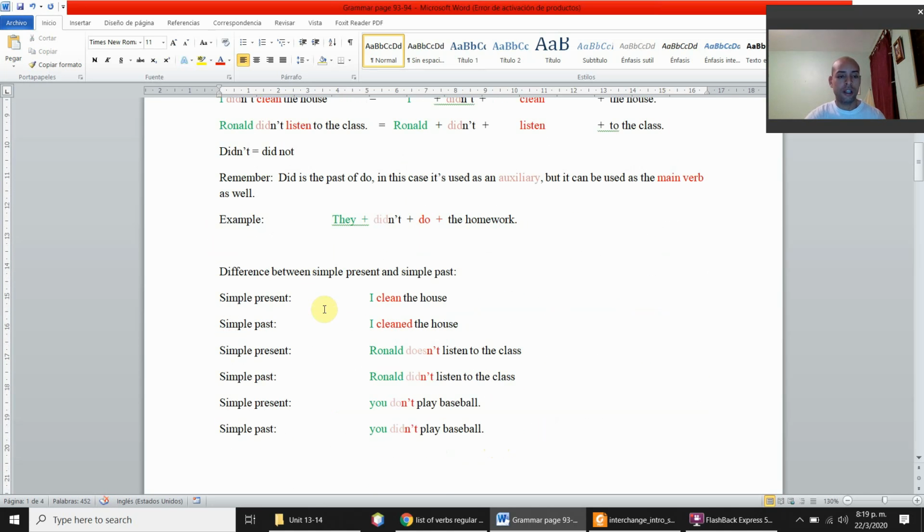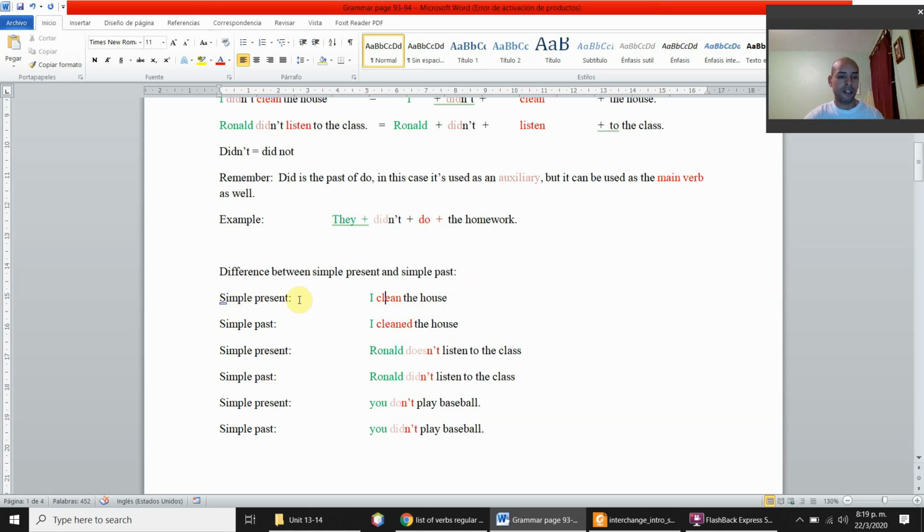So here we see some differences between the simple present and the simple past. If you remember, we already saw this on unit 5, I believe, 5 or 6. The simple present form, the subject, the normal form of the verb, and the complement.